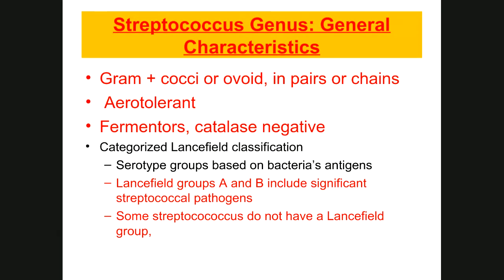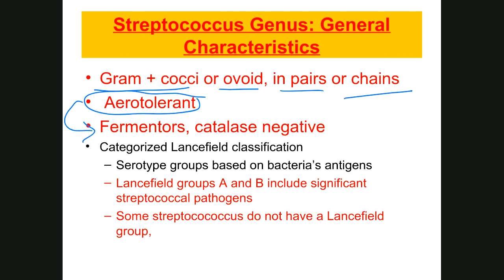Now, as a genus, Streptococcus is somewhat similar to Staphylococcus. They're gram-positive cocci. Sometimes they tend to be ovoid. Their arrangement is different. They arrange themselves in pairs or chains. Their oxygen requirement is markedly different. Streptococci are aerotolerant, whereas Staphylococcus are facultative anaerobes. The fact that they are aerotolerant tells us that they are fermenters.